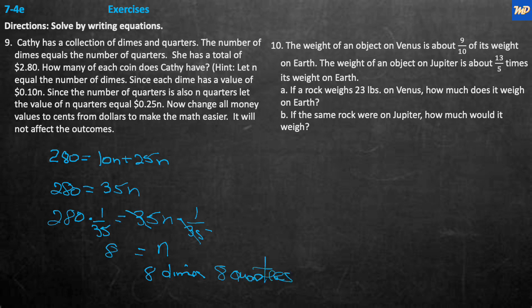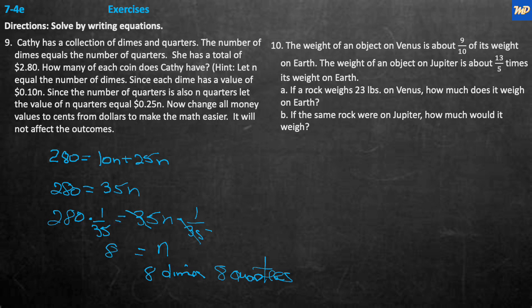Okay, now problem 10. The weight of an object on Venus is about 9/10 of its weight on the Earth, and the weight of an object on Jupiter is 13/5 times its weight on the Earth.